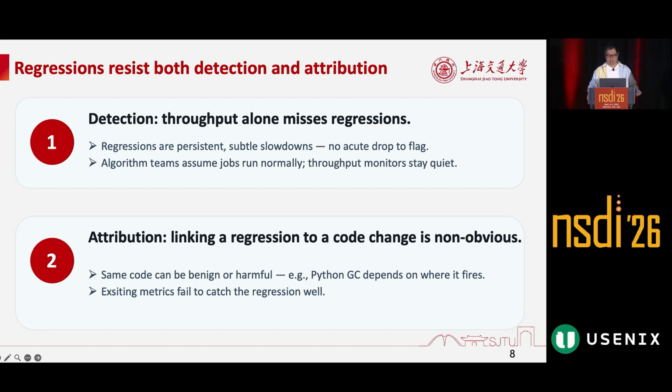Even if you catch a regression, linking it to some code change is non-trivial. For example, if the Python runtime kicks off garbage collection on the critical training path, it will impact training performance, but otherwise it is harmless. Therefore, we cannot rely only on traditional metrics to detect and fix regression problems. We need something new.